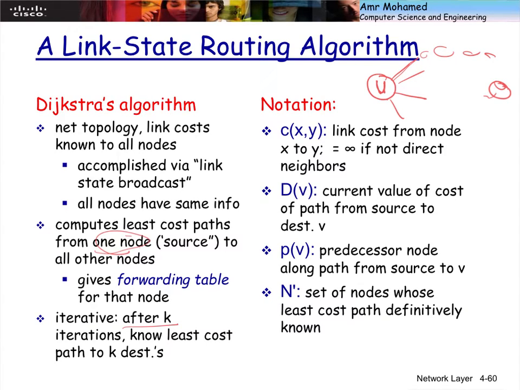So it assumes by default that this cost is infinity, and hopefully the algorithm can improve this infinity to a lower number, which is the shortest path, or the shortest cost path. So the cost by default is finite to all the adjacent nodes, and for all the non-adjacent nodes, the cost is infinity.